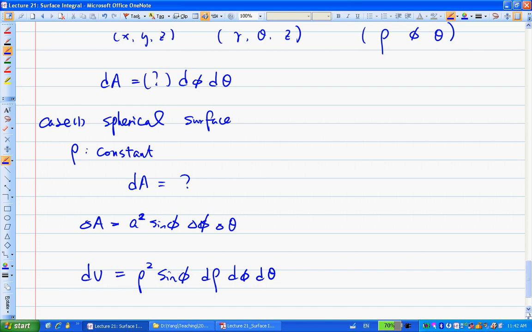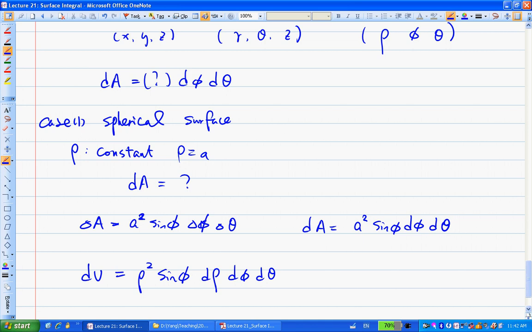You're concerned with a small patch on the surface of the sphere. As we said, rho is going to be constant, rho is a over there. So you're not integrating over d rho here. This is gone, and you change that rho to a squared. This is how you get that part. So dA equals a squared sine phi d phi d theta.